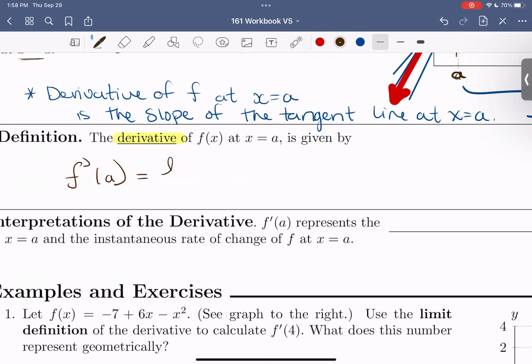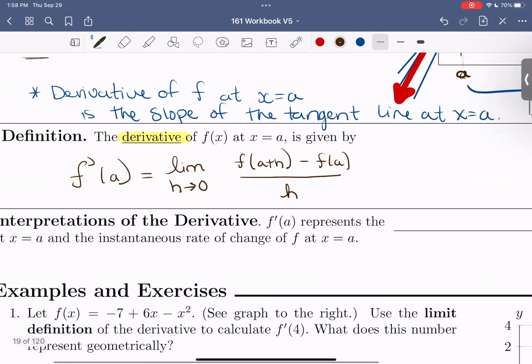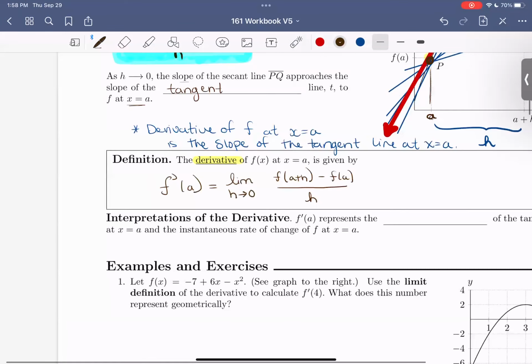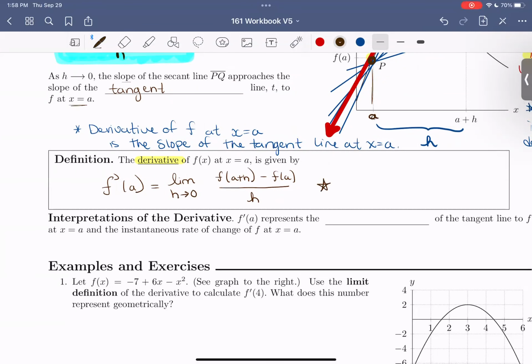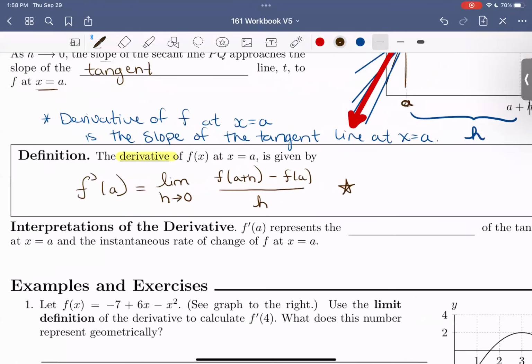It's going to be equal to the limit as h goes to 0 of f of a plus h minus f of a, all over h. So what we've just written down is the formula for how we'd compute the slope of the tangent line. It's the limit as h goes to 0 of slopes of secant lines.